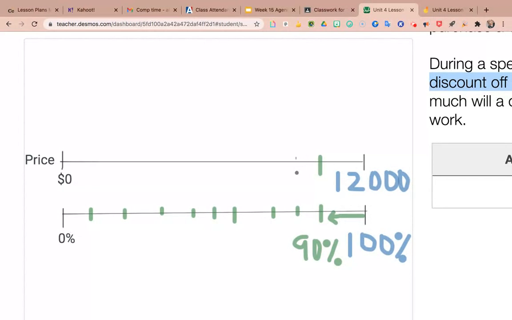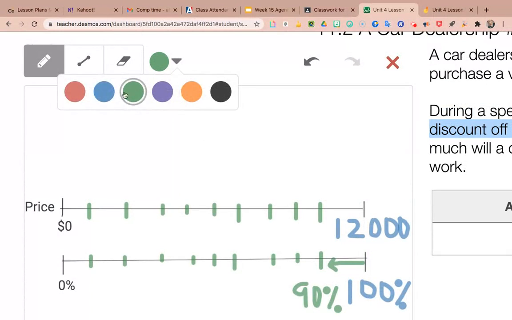And then I'm going to match it on the top. So I'm matching the number of lines on the top. So if I cut the bottom into 10%, because I'm going down 10%, then I'm going to cut the top into 10 pieces.